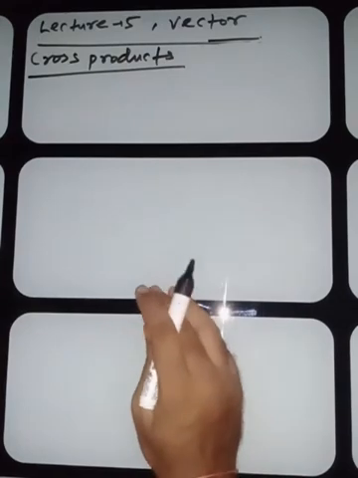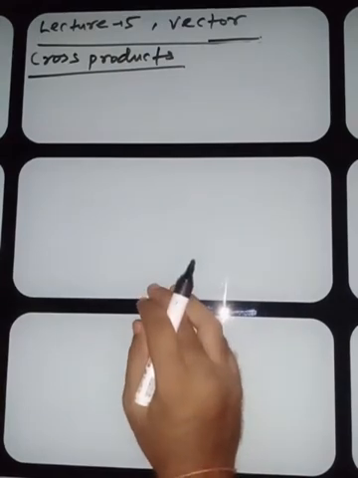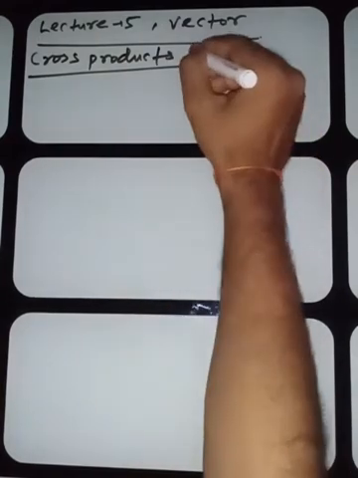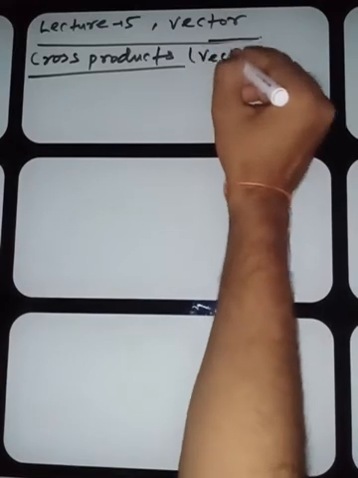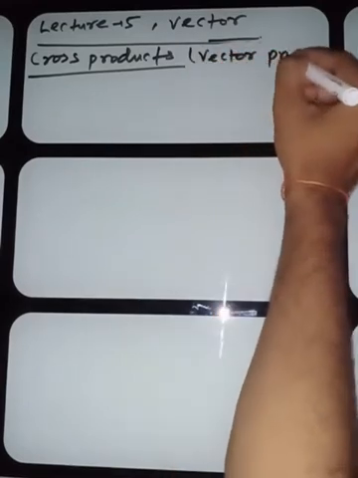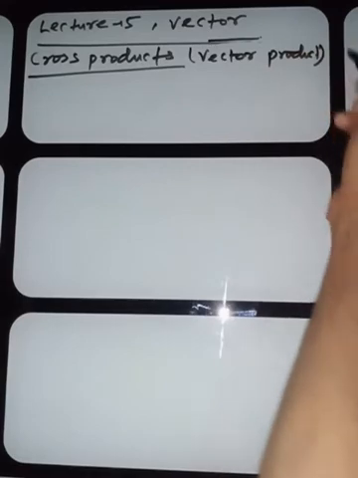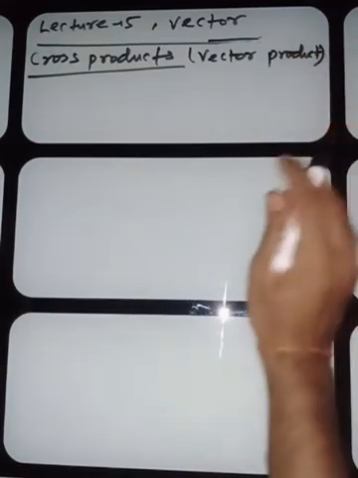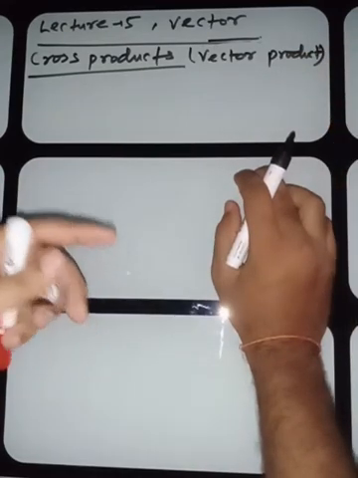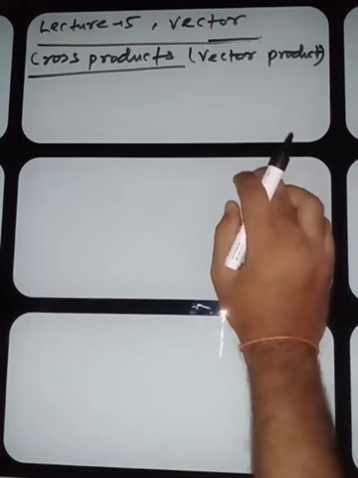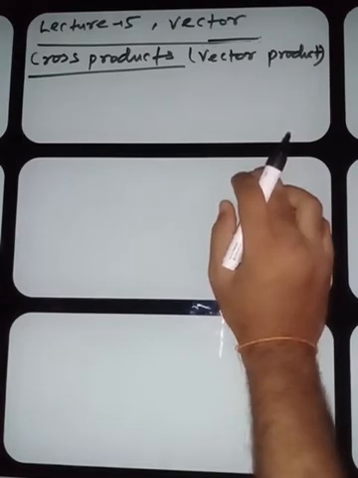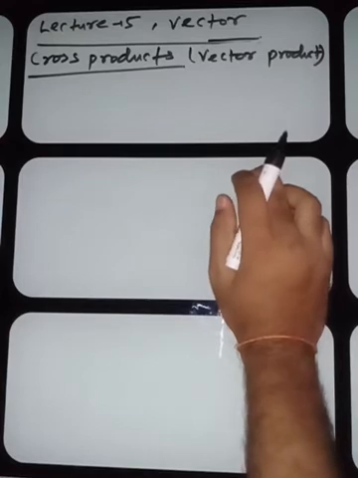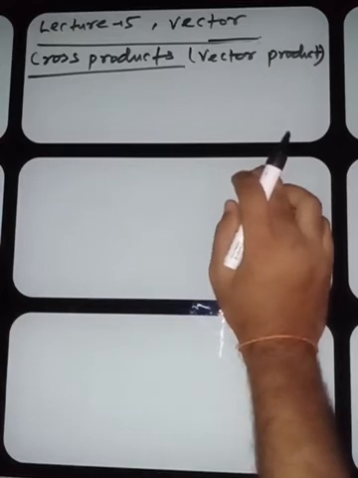This cross product is also known as the vector product. Engineers also call this vector product the exterior product. Actually this is the sine product of two vectors.